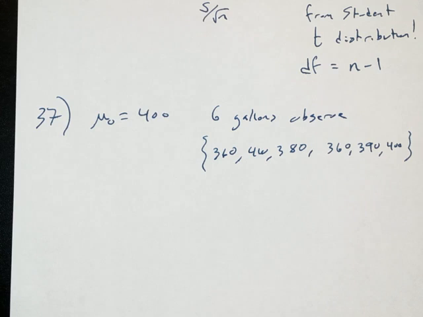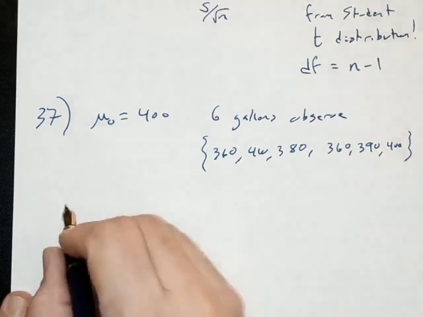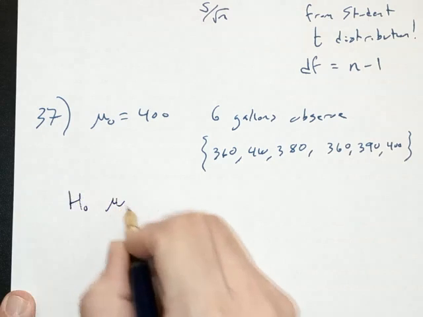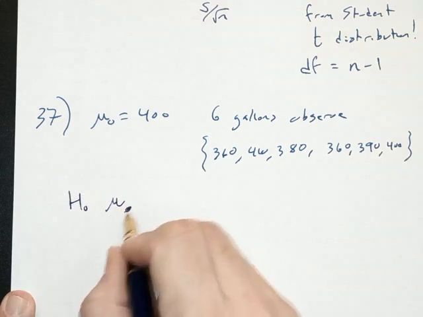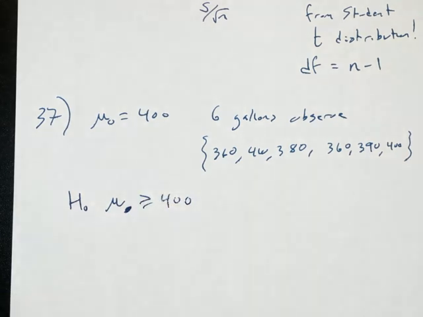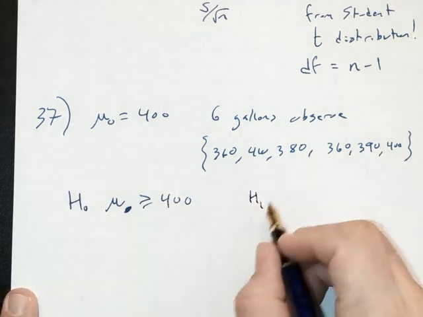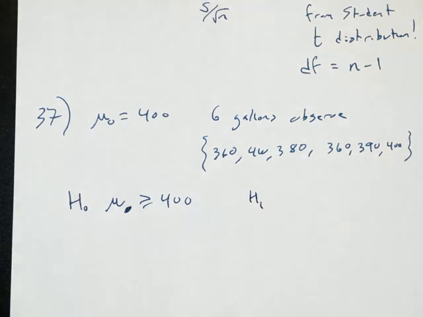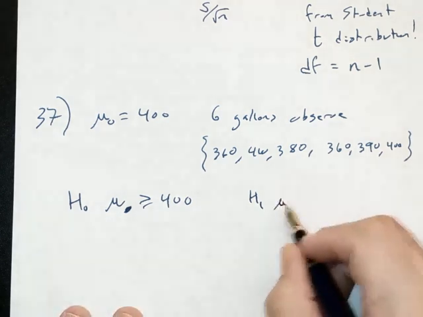My hypothesis should be, oh, coverage is bigger than or equal to 400. Well, if that's what I'm guessing at, then that'll be my null hypothesis. And that means my alternate is, what's my alternate hypothesis? Say again? Exactly.